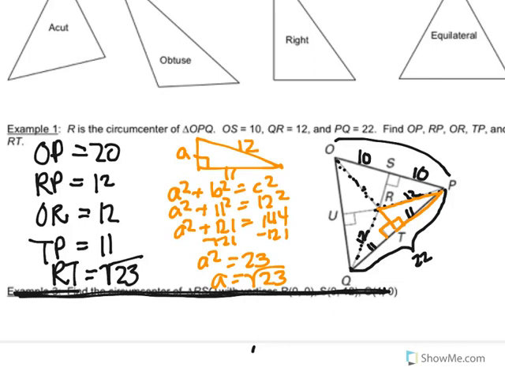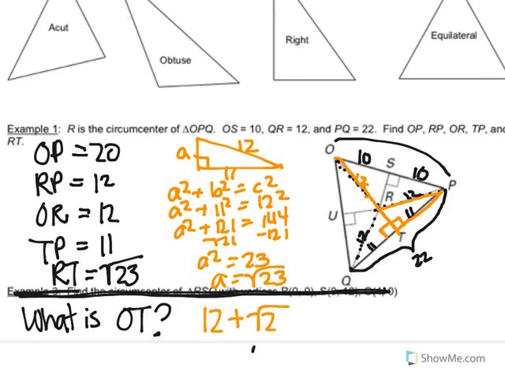Now, what if I were to ask you what is the measurement of OT? Well, OT goes the whole way across there. But we know from O to R, OR is 12. So we would just write it like this: 12 plus the square root of 23.